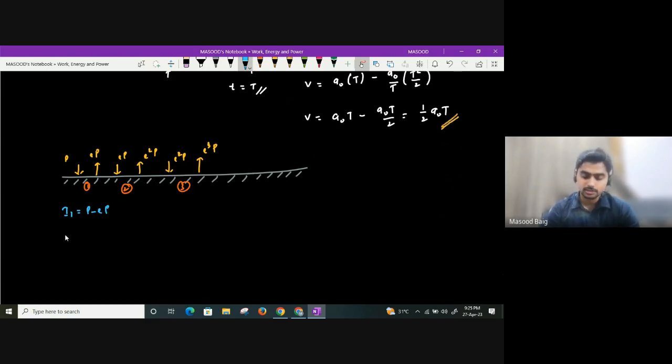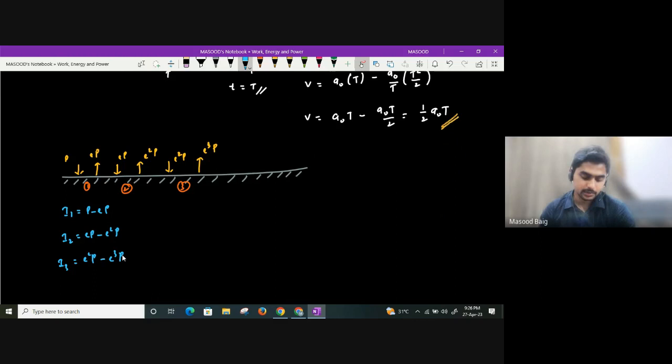In the second collision, it will be EP minus E square P. In the third collision, E square P minus E cube P. Like that it goes on, till the fourth collision and so on.